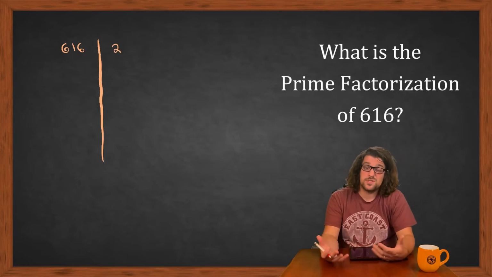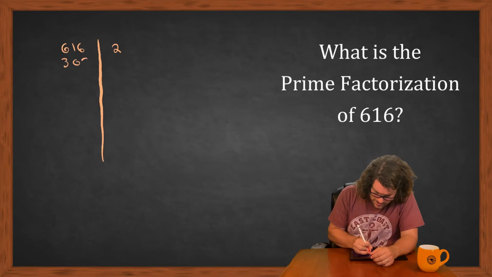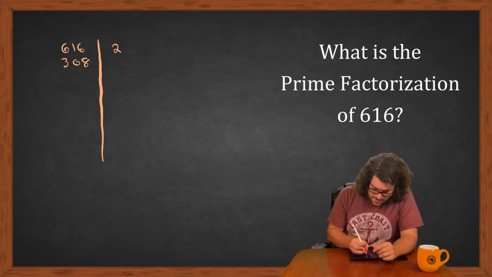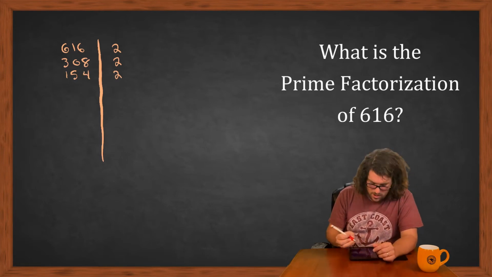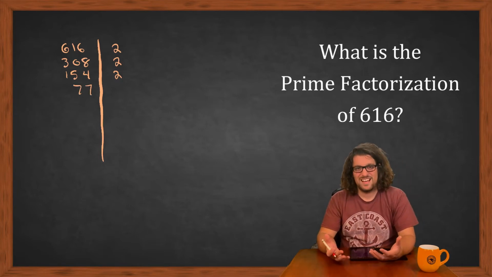I usually start with the small ones if I can. So since 2 is going to go into it, that's going to be 308 is what's left there. We're going to get another even value, so 2 goes into it again, so that's 154. And a 2 will go into that as well, which will be 77. So 77 is what's left there.